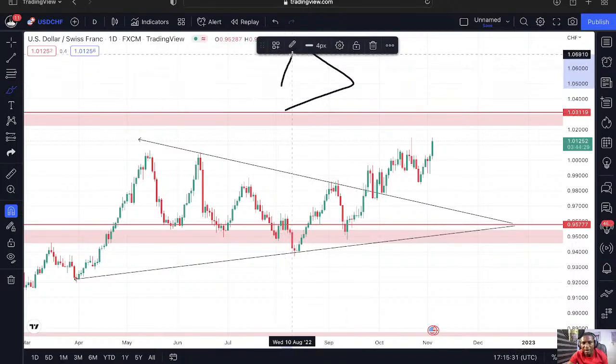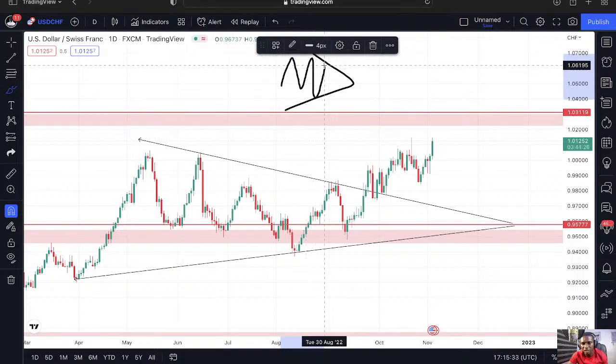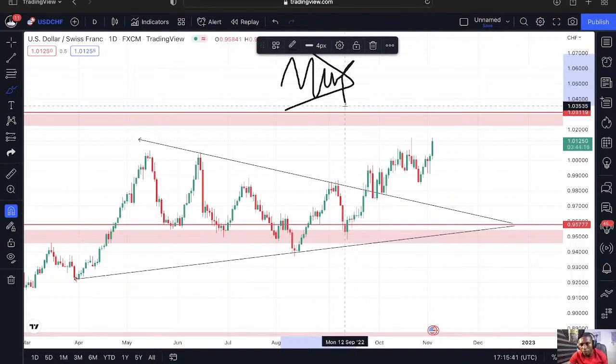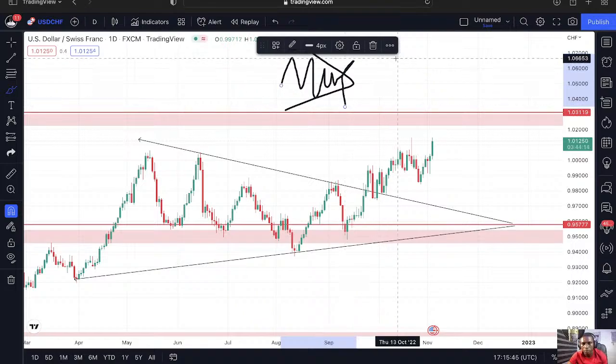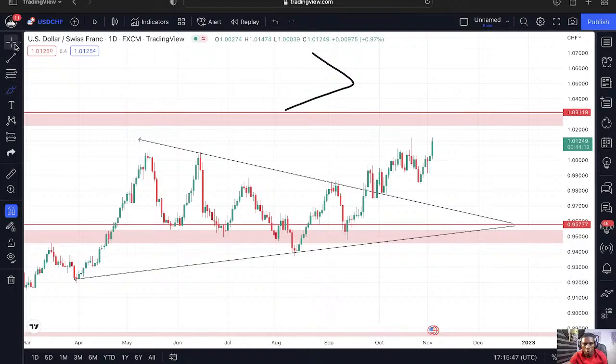So more like price is just fluctuating inside it. So it can either break out from the upside or break downward. Either of the two.